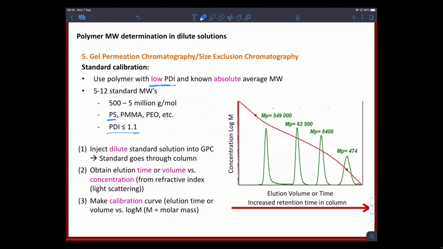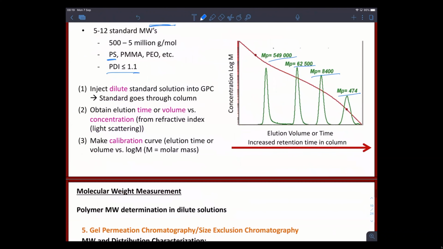So you can see they've run through their solution, which contains all these different molecular weights of the polymers, and then they can deduce a curve which you can match your sample to. The main thing when you're doing these calibrations is that you need it to be in the right range for what you expect your polymer to be. Otherwise, you're not going to be able to estimate the size very accurately.